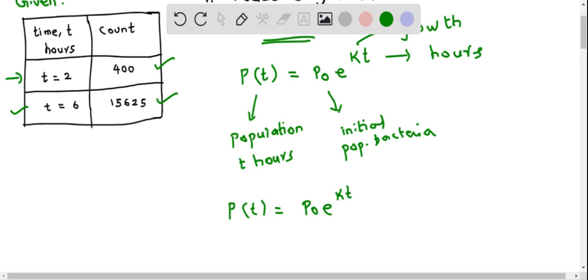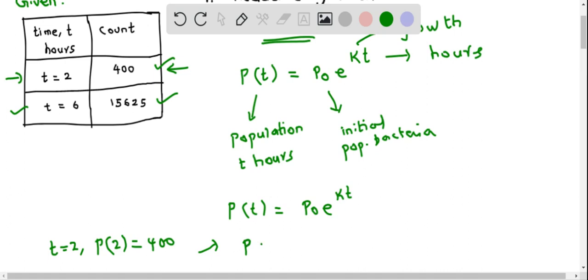So I'm going to plug in this information in the first row, that is when t equals 2, the population or the count of the bacteria is 400, and this means P of 2 equals 400. So let's plug t equal to 2 into this model.